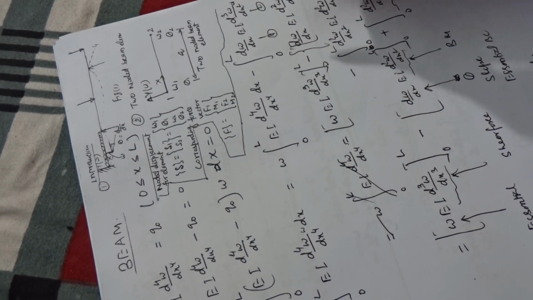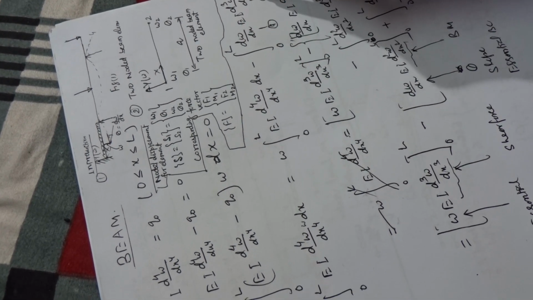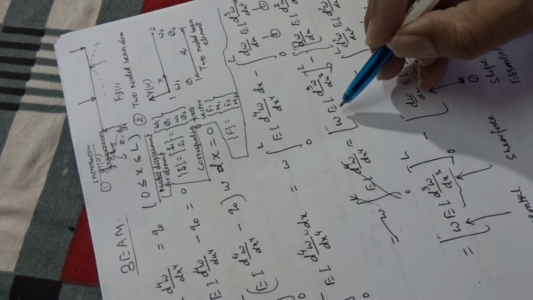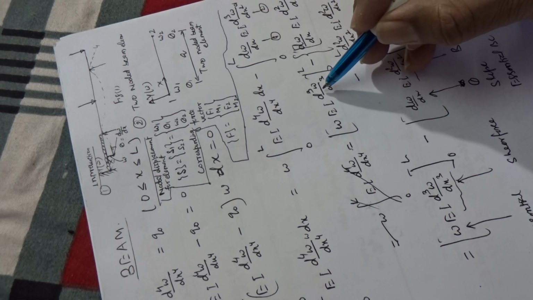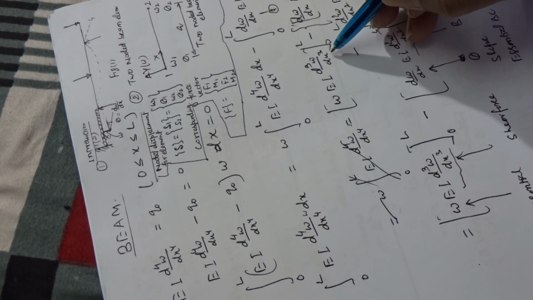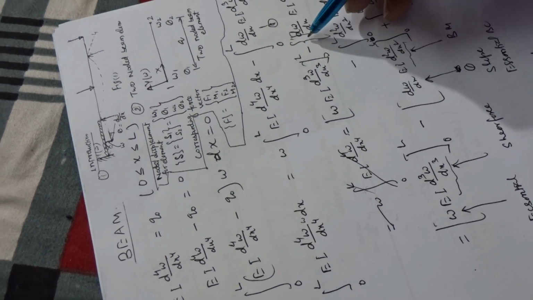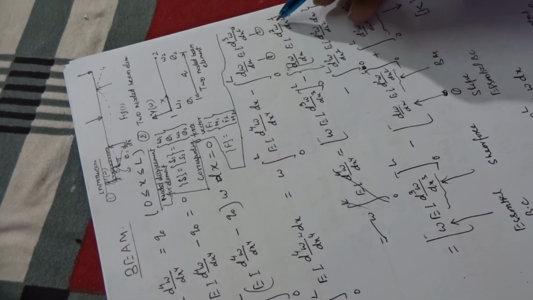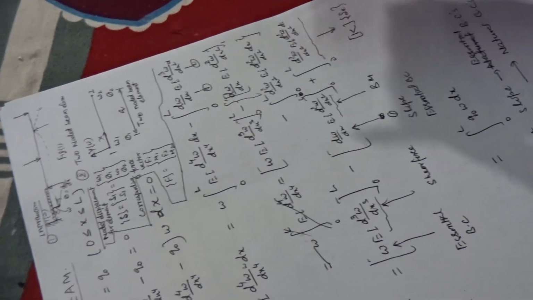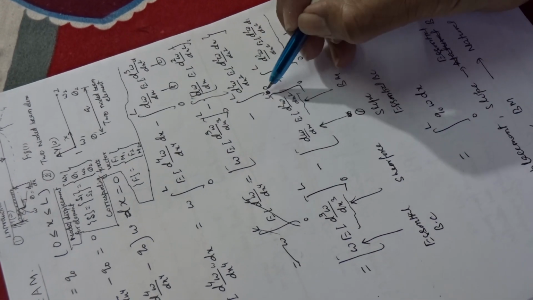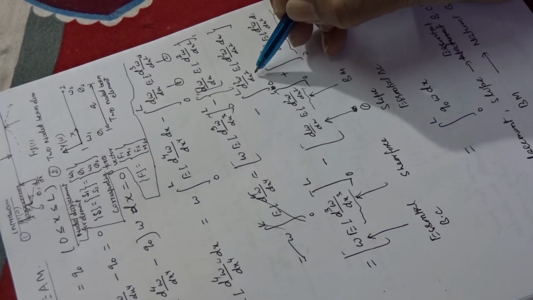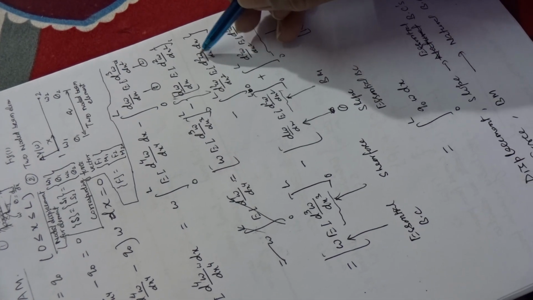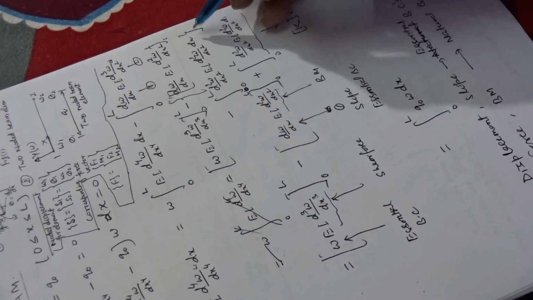Again use integration by parts, this is part 1 and part 2, and this equation becomes w EI d3w by dx3 from 0 to L, minus dw by dx EI d2w by dx square from 0 to L, plus the integral from 0 to L of d2w by dx square EI d2w by dx square dx.